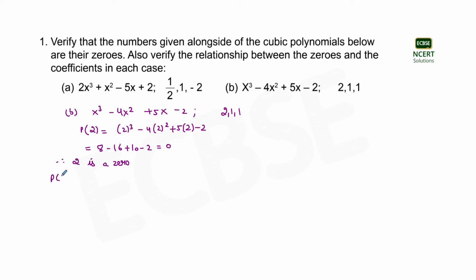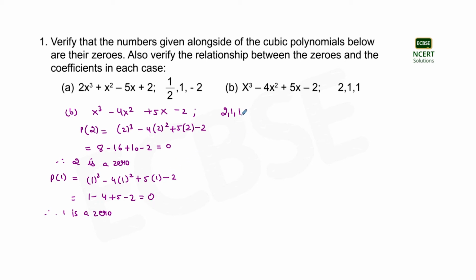Now coming to the second number, that is 1. So on substituting this in the polynomial, we will obtain 1 cube minus 4 into 1 square plus 5 into 1 minus 2, or we can write it as 1 minus 4 plus 5 minus 2, whose value comes out to be equal to 0, which means therefore 1 is a zero, because on substituting 1 in the polynomial, its answer comes out to be equal to 0.